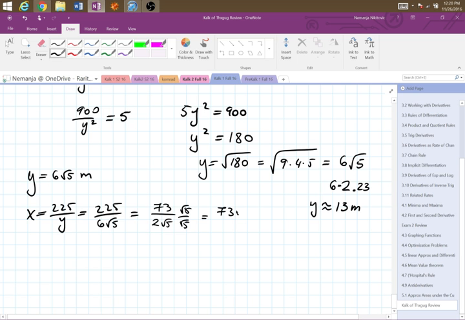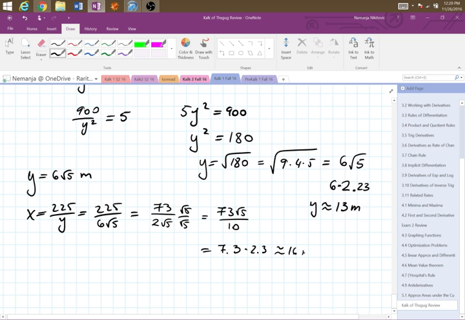It's 73 root 5 divided by 10, which is 7.3 times 2.3, about 16. So roughly 13 by 16 each one.